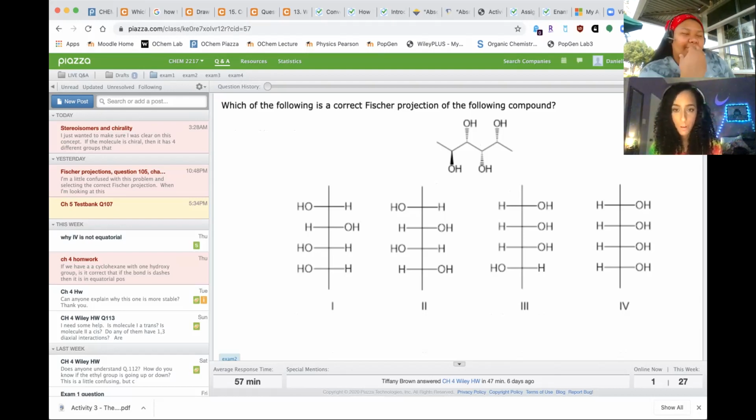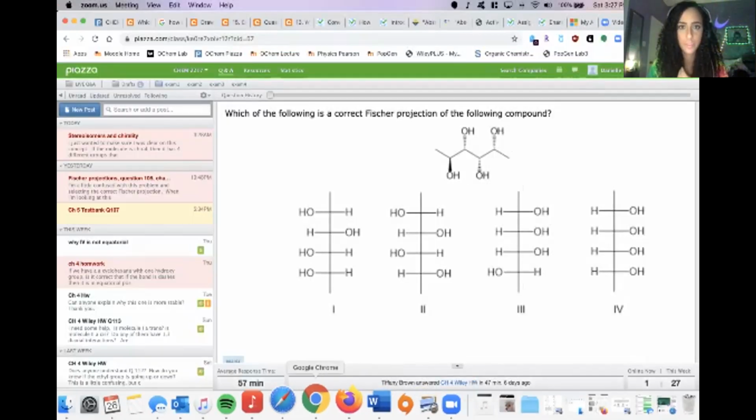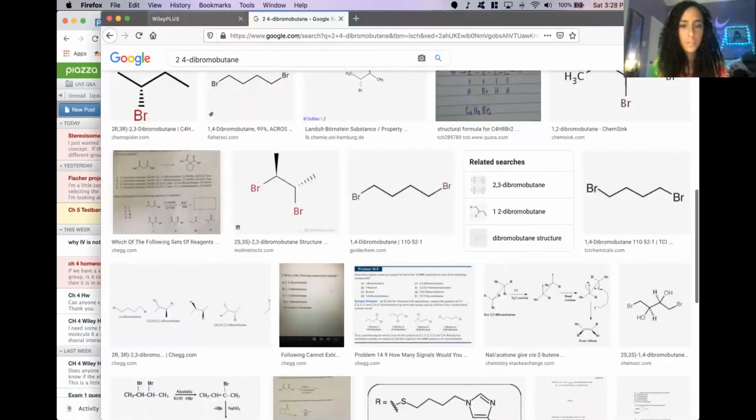Because if you look at the wedges and dashes, you're like, okay, maybe 3 could be it. But I don't think that's the answer. And this Fisher projection stuff is wild. What number was that?